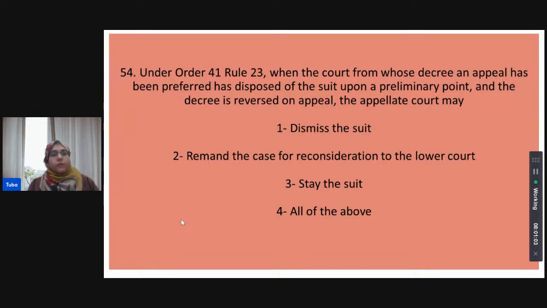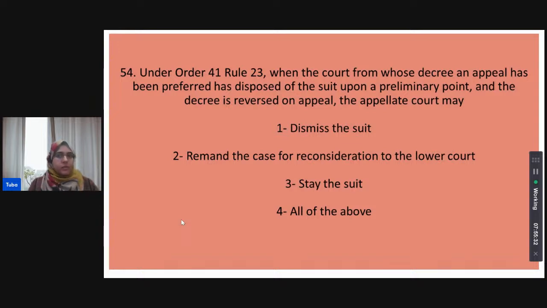Under Order 41, Rule 23, when the court from whose decree an appeal has been preferred has disposed of the suit upon a preliminary point and the decree is reversed on appeal, the appellate court may dismiss the suit, remand the case for reconsideration to the lower court, stay the suit, or do any of the above or all of the above.